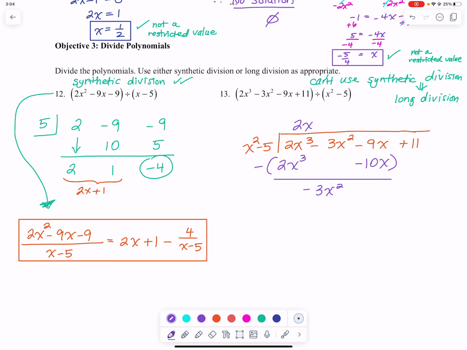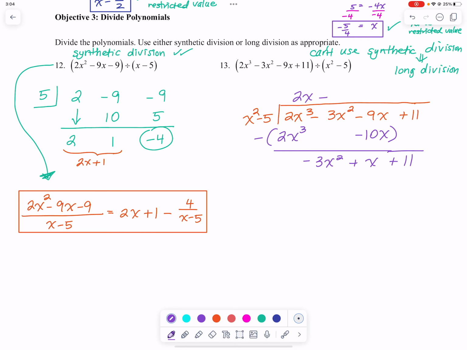So a negative 9 plus 10, and we will have a positive 1x, and we will bring that 11 down. Now we will have a negative 3, and we have a negative 3x squared minus 15, subtracting again, and we end up with x, and we have 11 minus a minus, so 11 plus 15, and that will be 26.